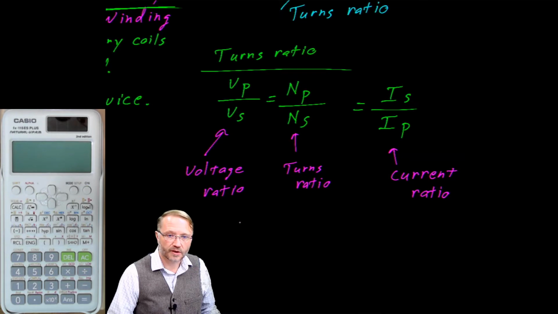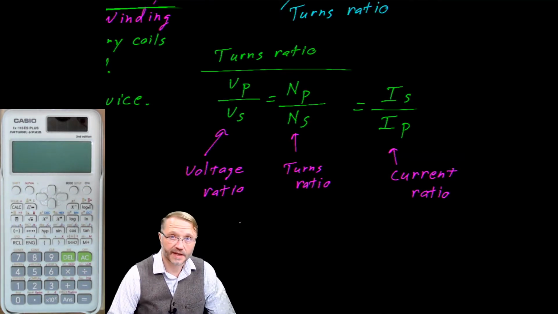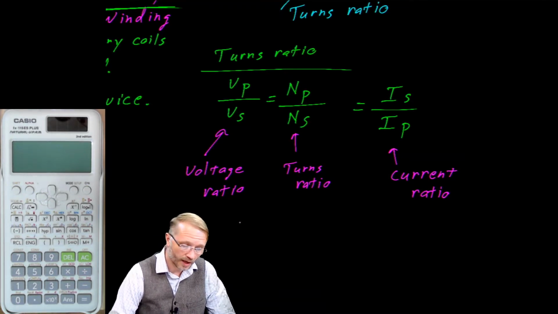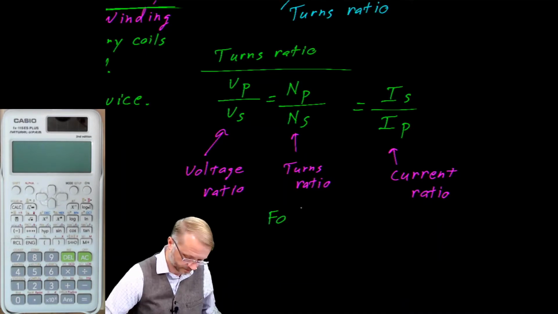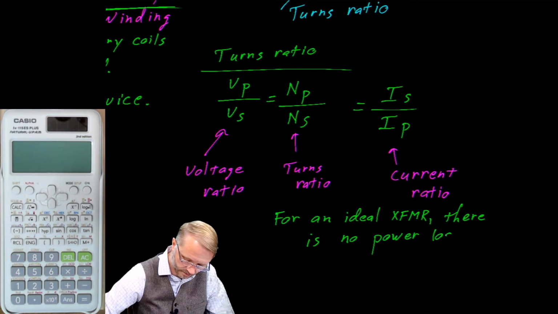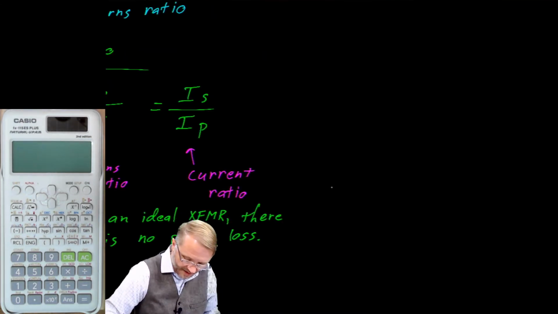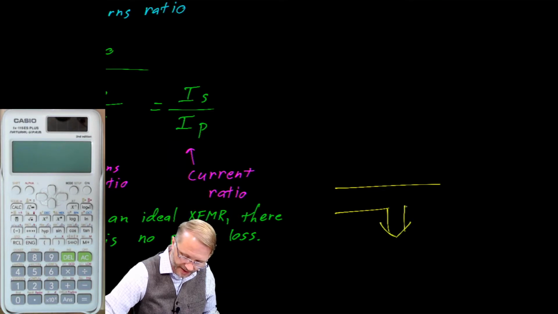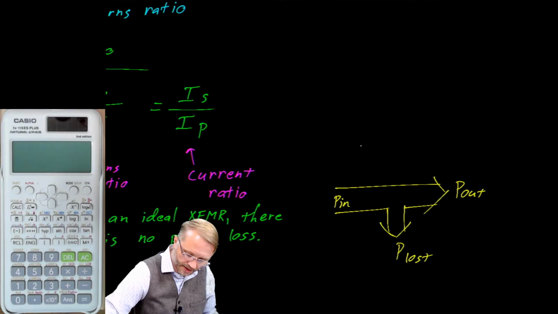The other thing you need to know about a transformer, especially for the ideal transformer, is that there is no power loss. Now, we know this is fictional, because transformers, just like everything else in the world, have a power flow diagram. And if this is our power out, this is our power in, our power lost, we know that the efficiency will always be less than 100%.